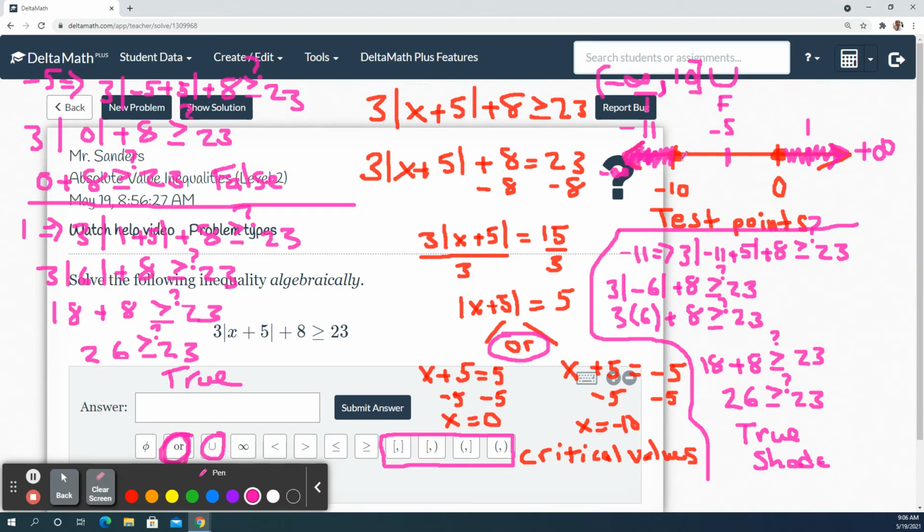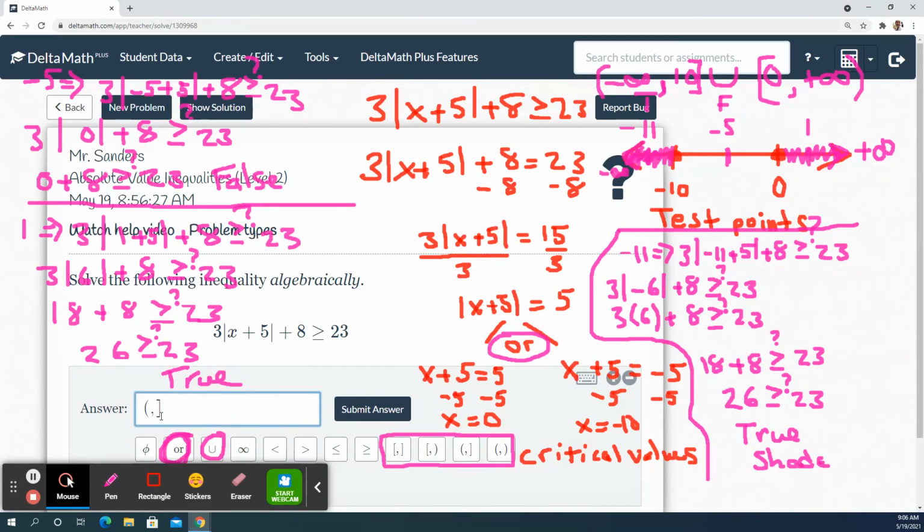And then we skip this interval here. We start back on 0. We include 0 because it's a filled in circle because it has that equal sign there. And it goes to positive infinity. So this is how our answer is going to look in this context. It looks like parenthesis, bracket.